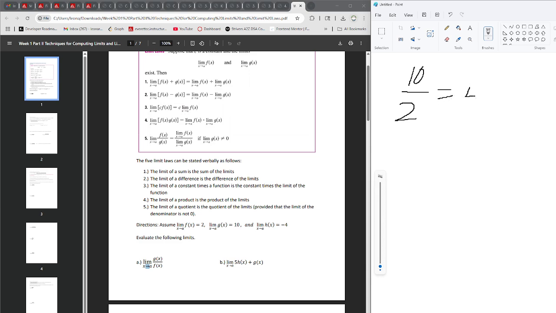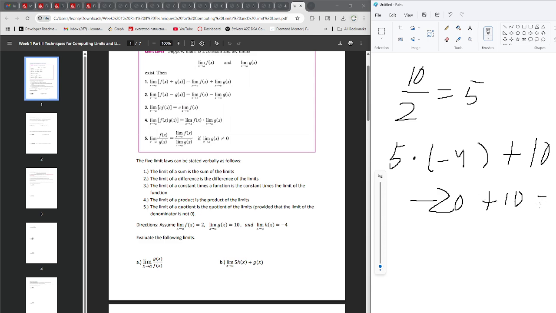So this is 5, and then we could say the same thing here: 5 times h of x as x approaches a, which is negative 4, plus g of x as x approaches a, which is 10. So we'd say negative 20 plus 10, that is equal to negative 10 probably.